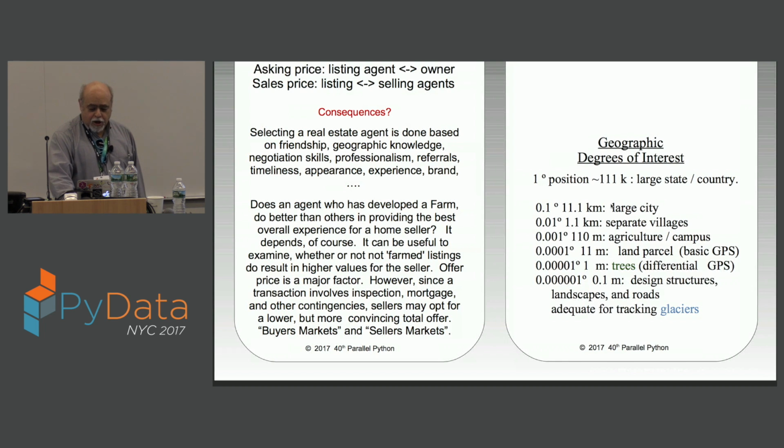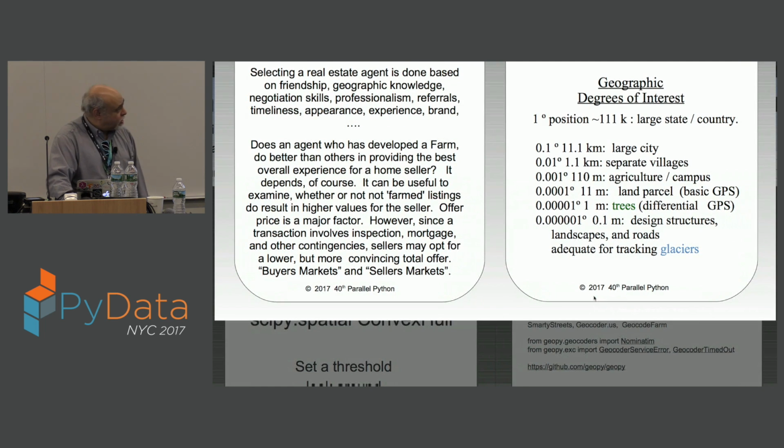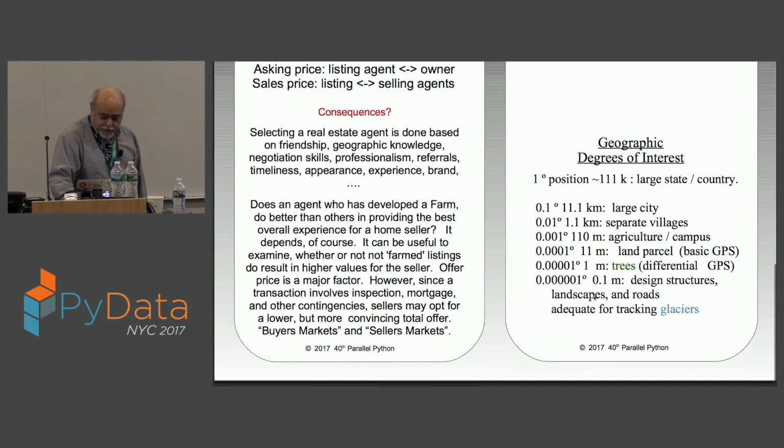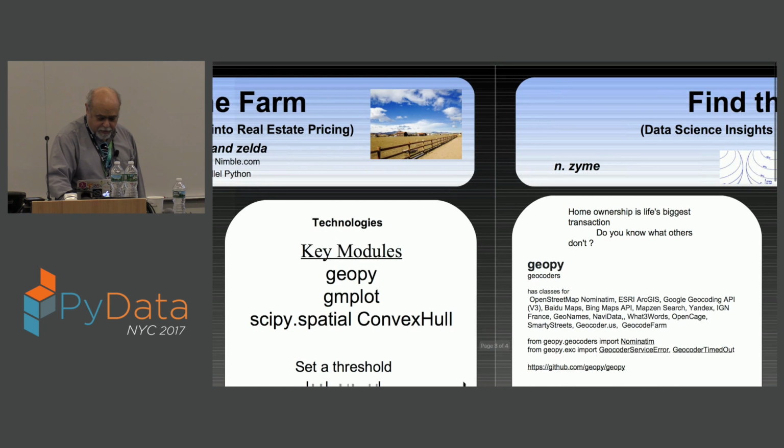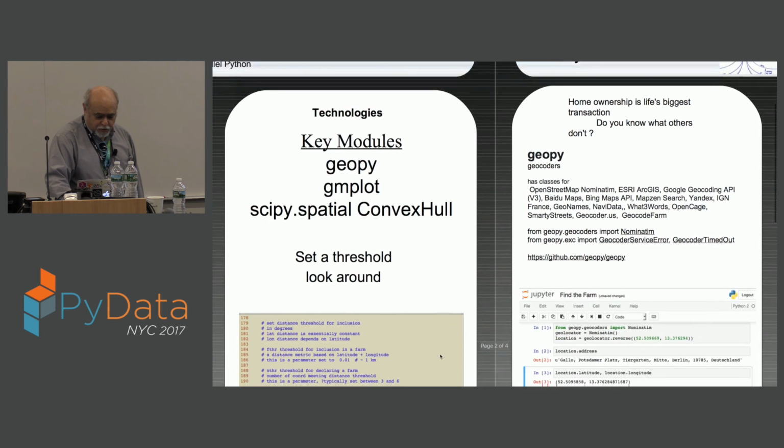So there's a little geography lesson here. Countries, small countries, and glaciers. Those are the numbers there, and the tools exist within Python, yay. And there's some of the tools.